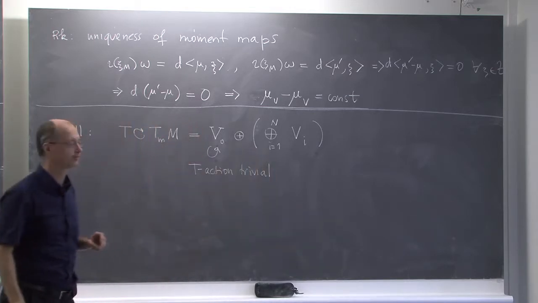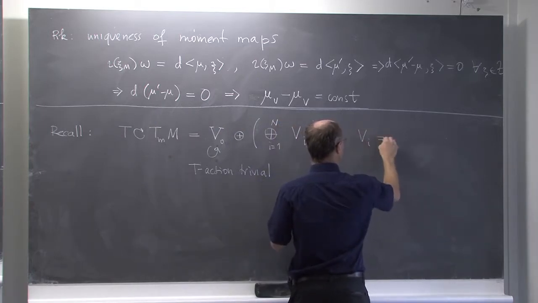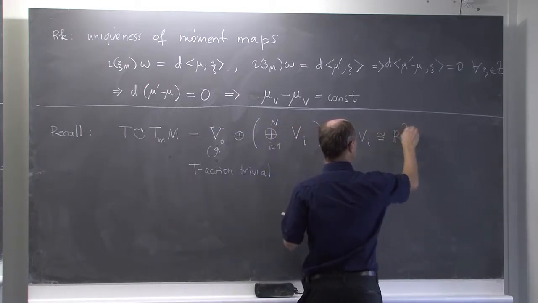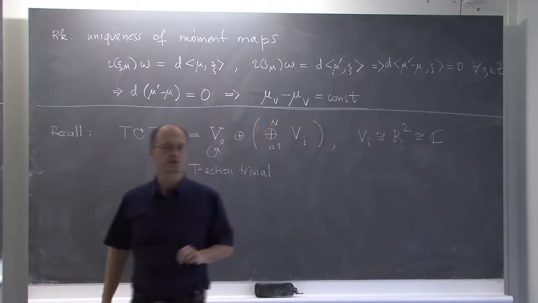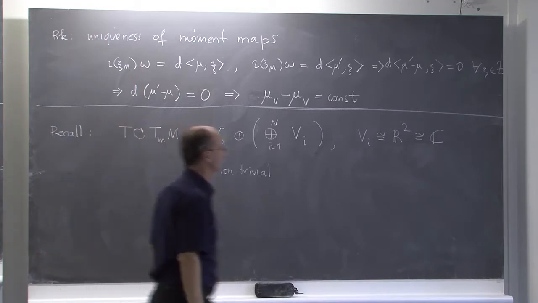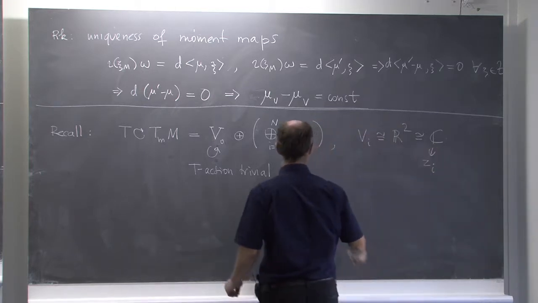Every Vi is two-dimensional, and we can choose an isomorphism with the complex numbers such that the corresponding coordinates will be zi.